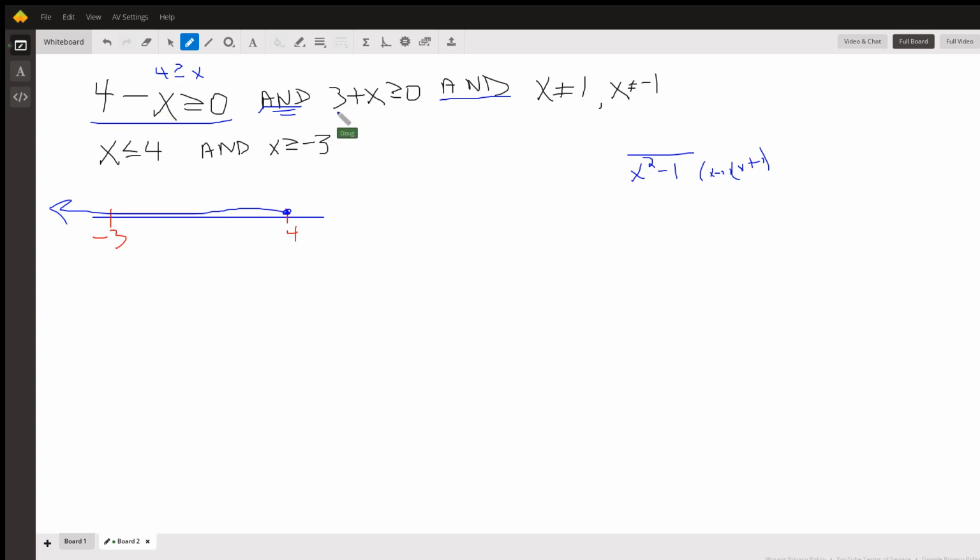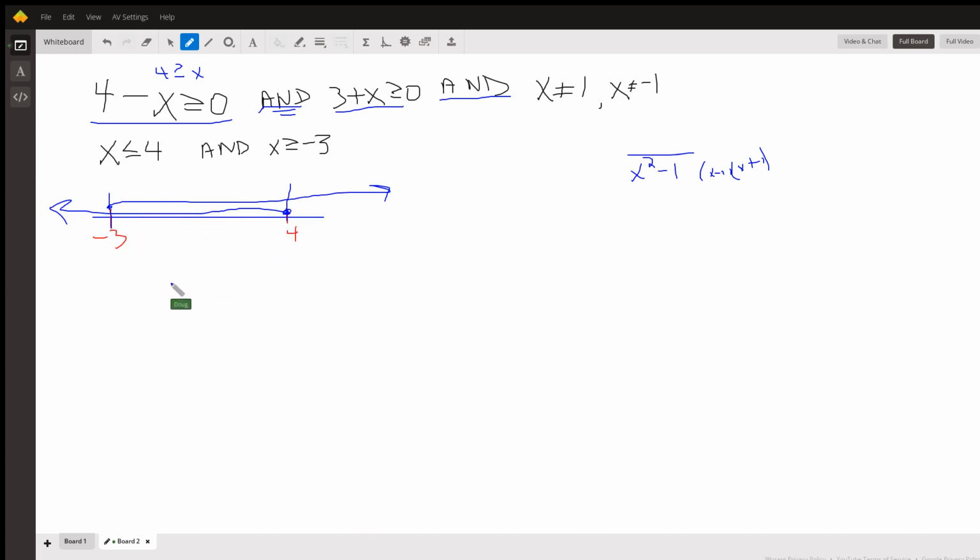But if we solve this second one for x, we get x has to be greater than or equal to -3. So the intersection of those two sets is the numbers between -3 and 4.